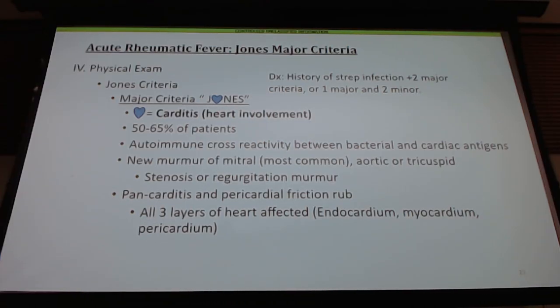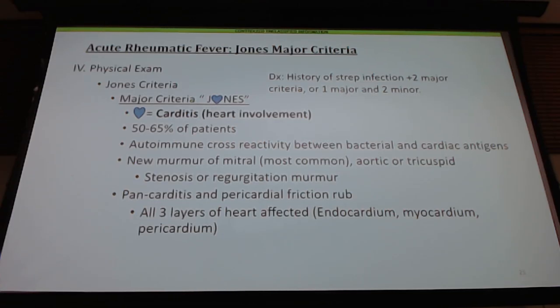Well, those are similar to the cardiac antigens. So think of this as an autoimmune disease, because my own immune system starts to attack my heart because of that similarity between antigens of the bacteria and the heart.